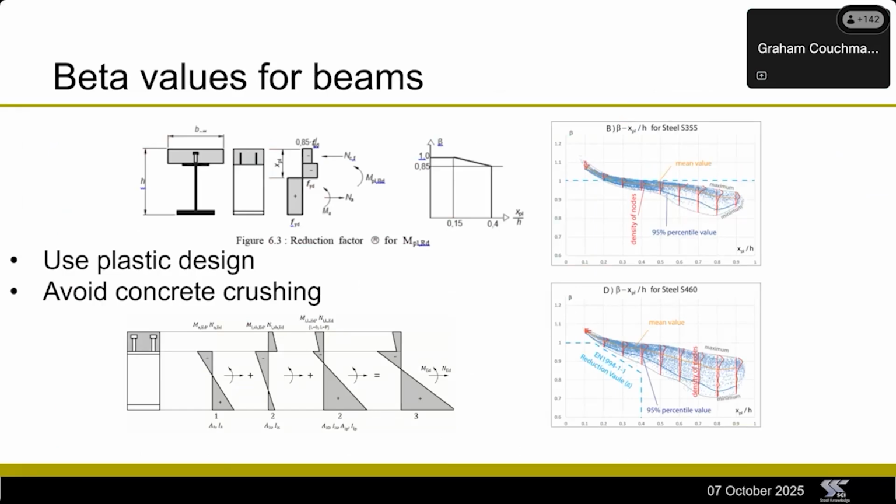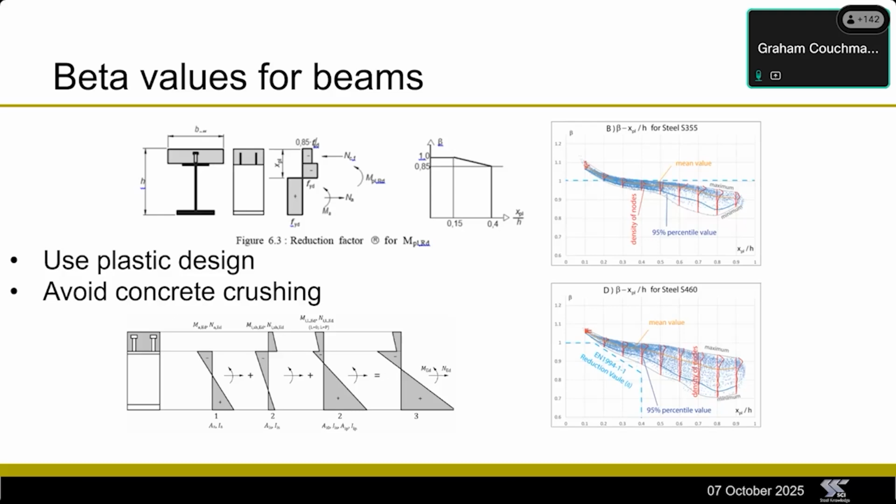So this is looking at the fact that if you're going to design a beam, you're going to assume you've got a plastic cross-sectional moment resistance, then you're going to assume that the steel is yielded and the concrete is compressed. If you have a beam of slightly strange proportions, with a very shallow slab and a very deep beam, you might get a neutral axis that's quite low down.